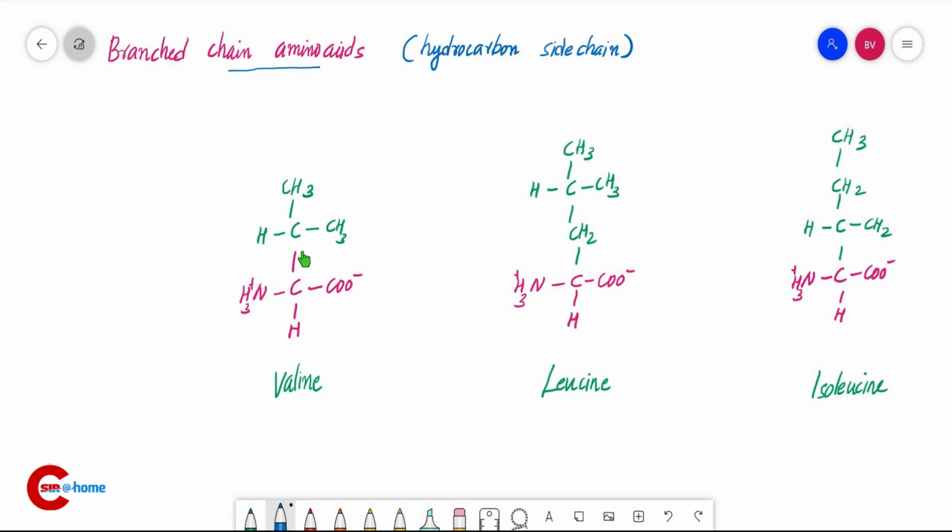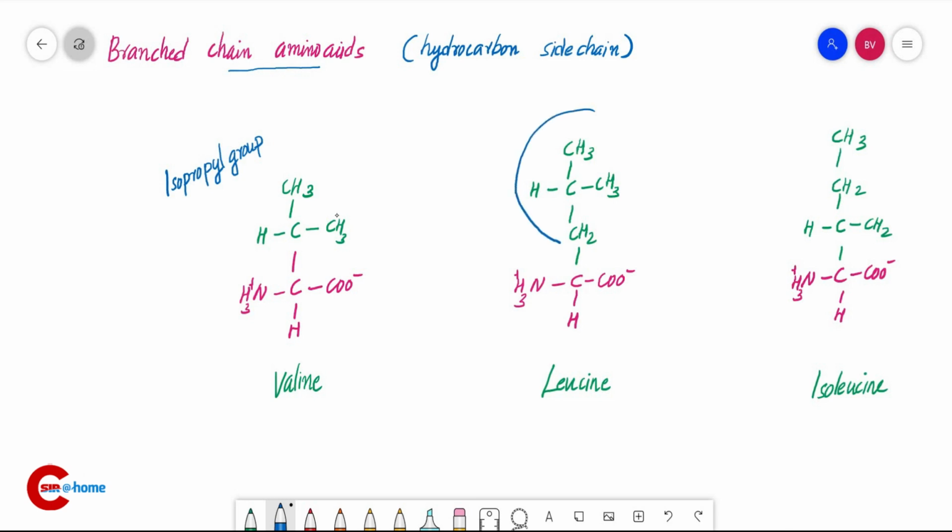The valine contains, here this is the basic structure that you know. And this group is known as isopropyl group. The valine contains a hydrocarbon side chain, and this hydrocarbon is known as isopropyl group. Then leucine.